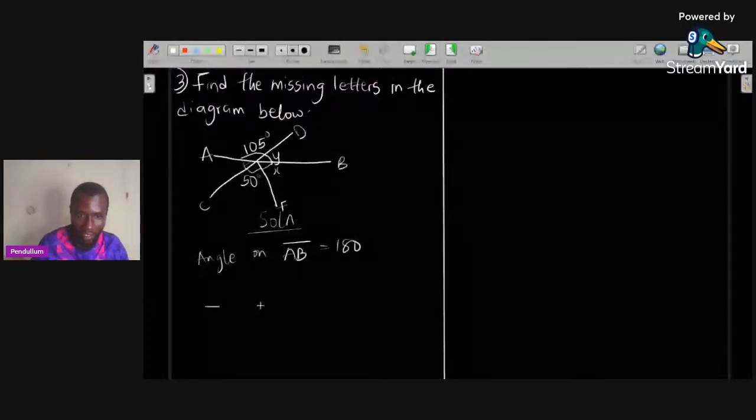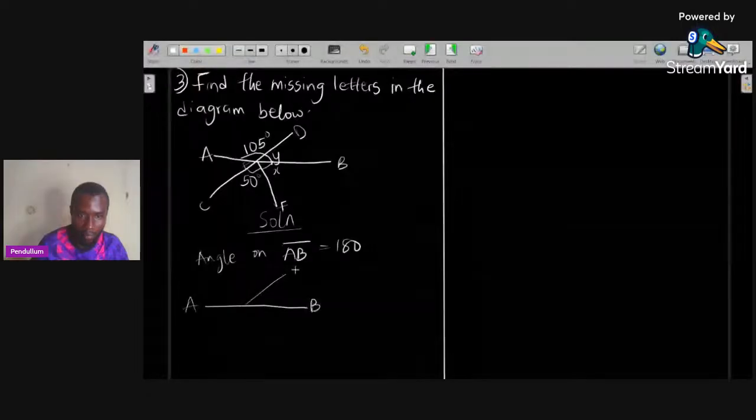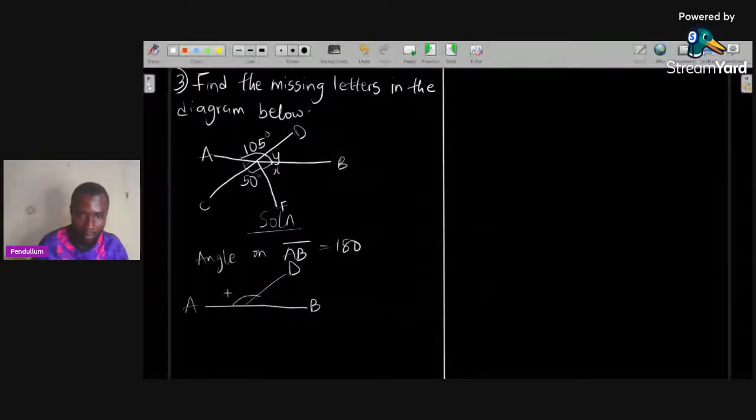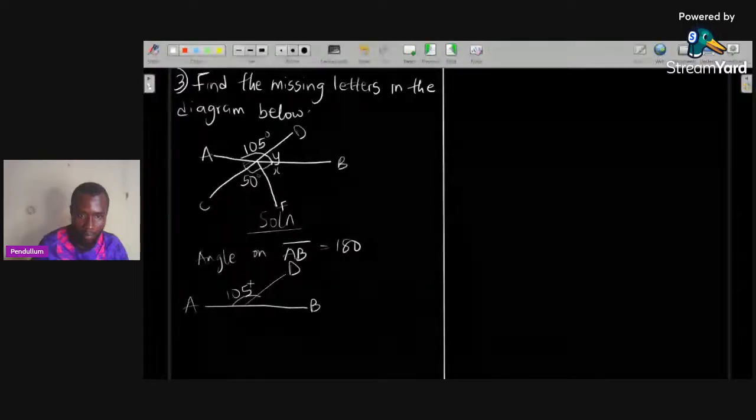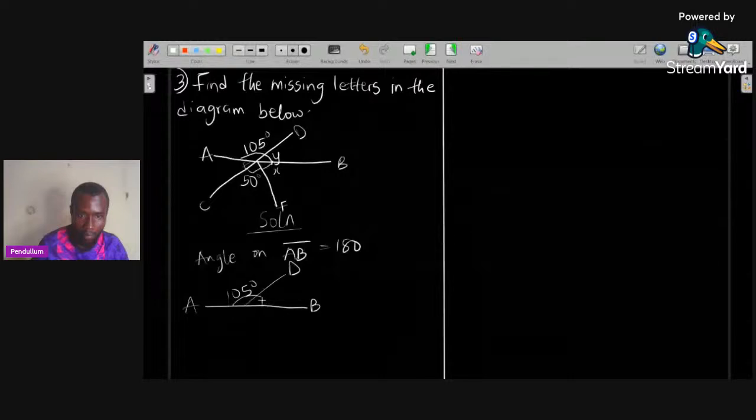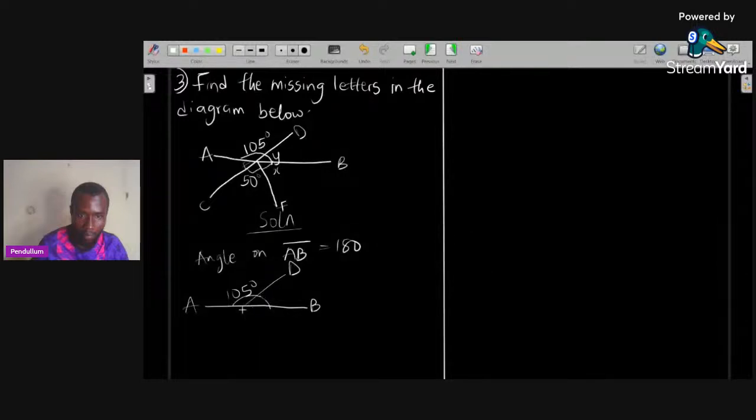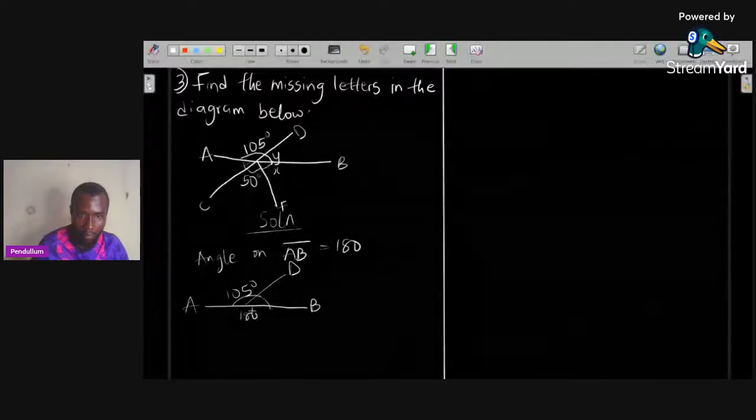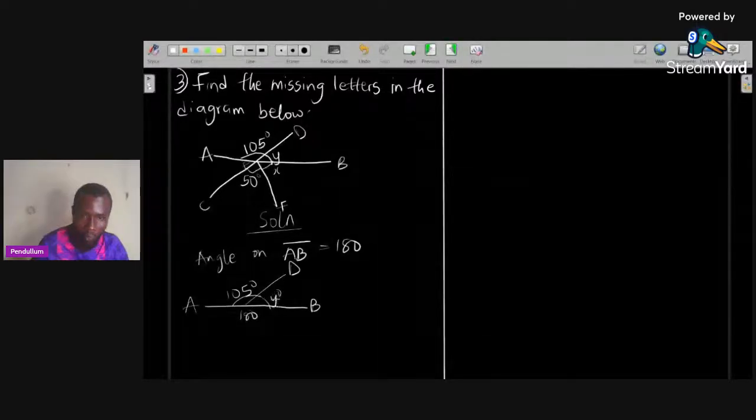This is A, B, and this is 105 degrees. The total angle from here to here is 180, and you're looking for angle Y.